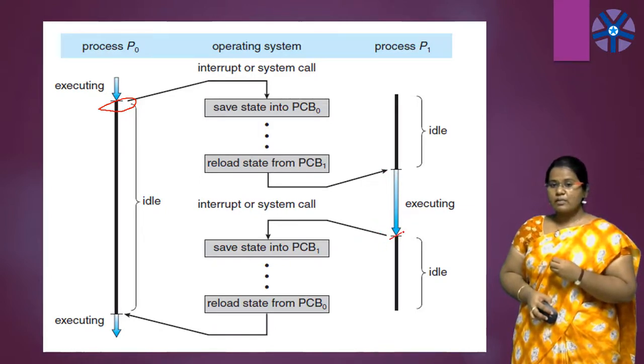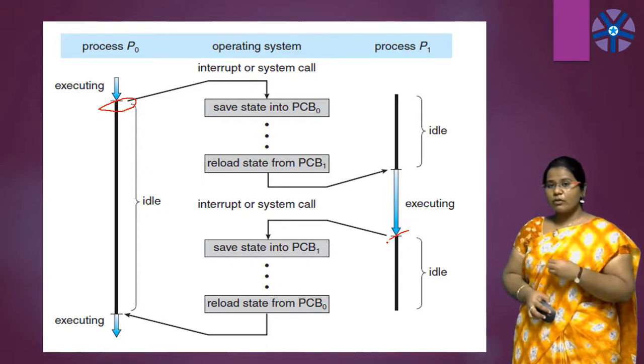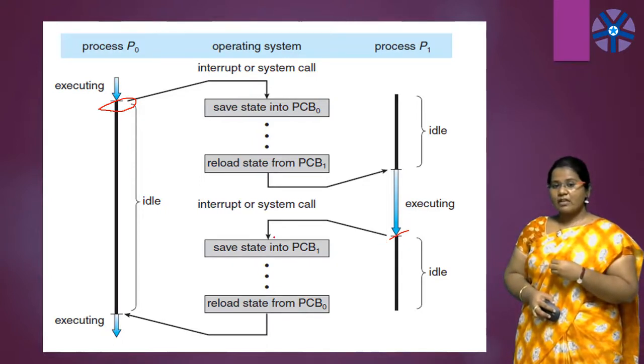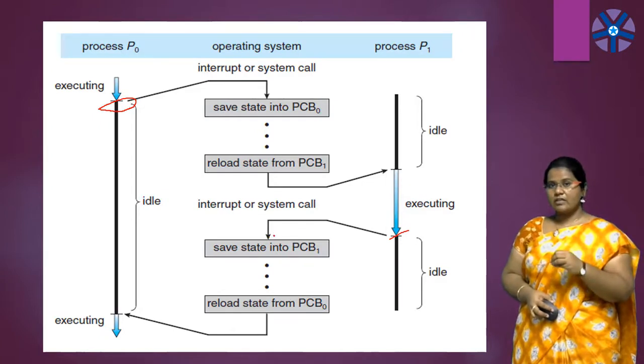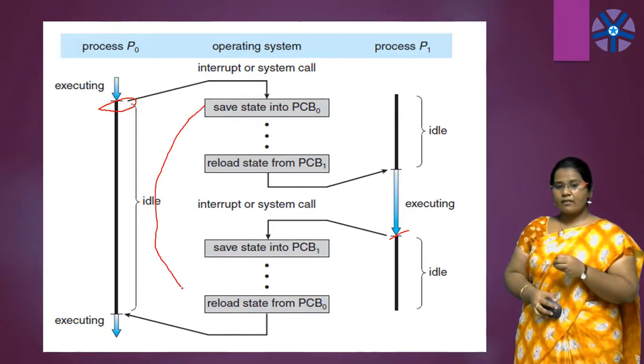If at this point the process P1 needs some IO request or some interruption, then the process P1 will come out of the CPU by having the details of its process control block saved. Then the operating system or the kernel will restore the contents of the process control block of P0, which were saved previously.